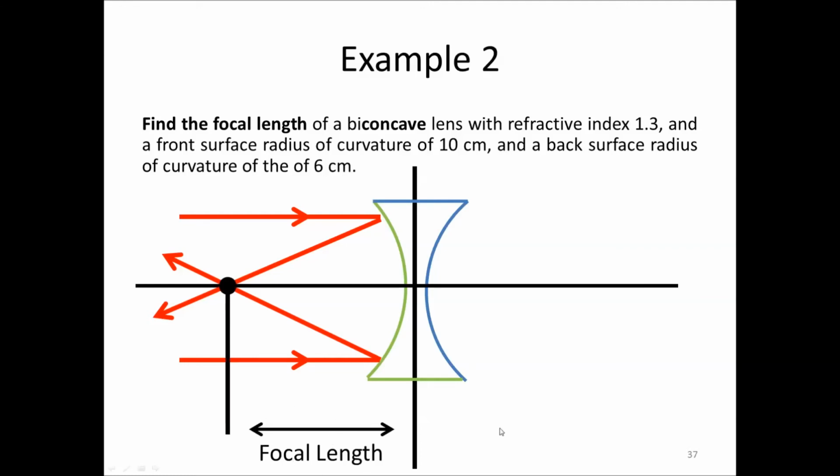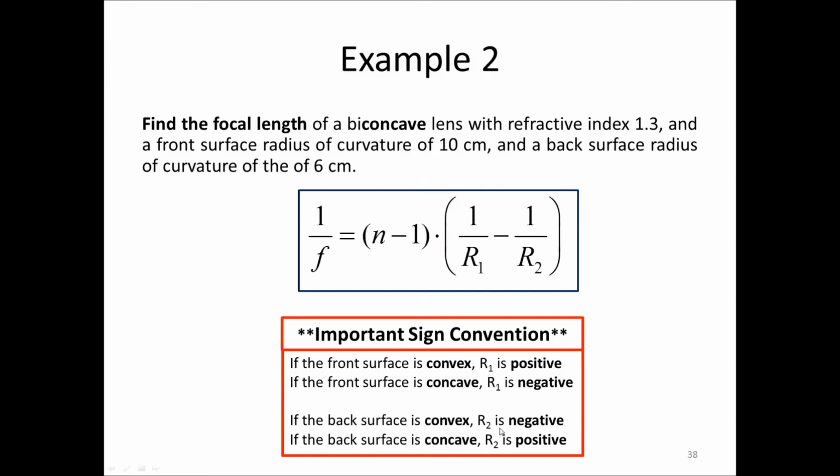So, to find out what this value of the focal length is, again, we just plug in our values to the Lensmaker equation. Let's check the sign convention. Because it's biconcave, the front surface value for R1 will be negative. The back surface value for R2 is going to be positive.